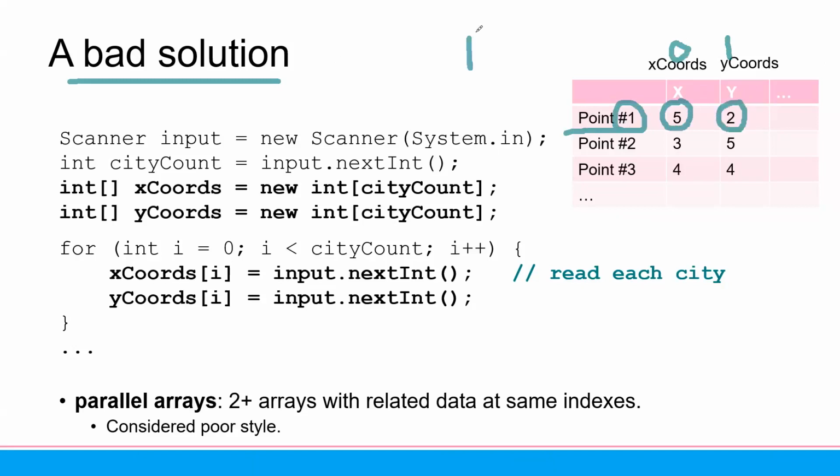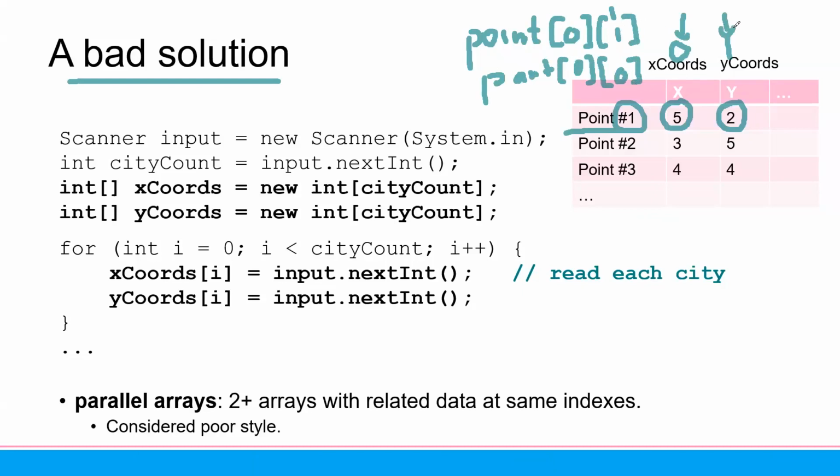Let's say we have point at index 0 and then index 0 in the first one. If it is index 0, then it is the x. If it is index 1, then it is the y. There is one option, but we can also have another option.